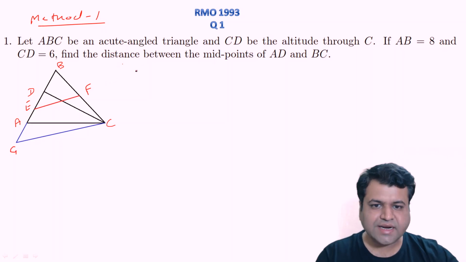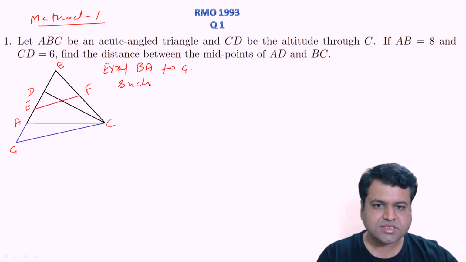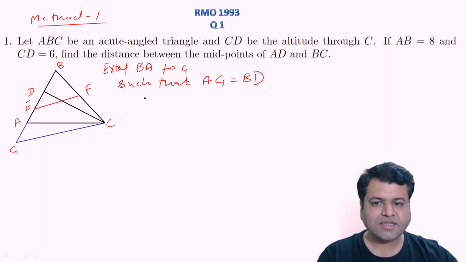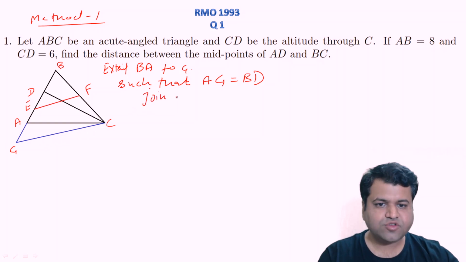Let's say we have extended this BA side, extend BA to G such that AG is equal to BD, right? So this BD is AG. So we extended the BA side till a point G such that BD is equal to AG, right? And then join GC. Then we have joined G with C, right?